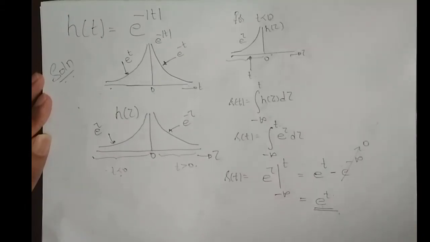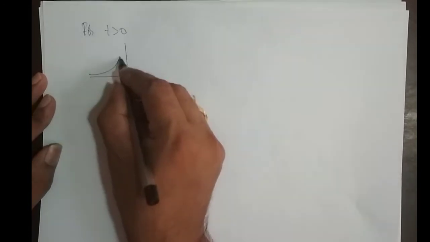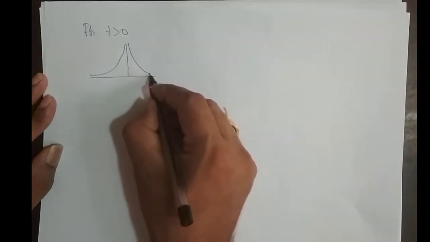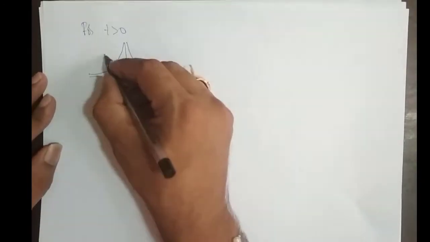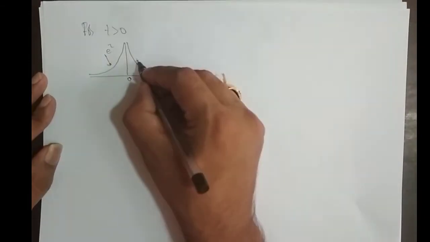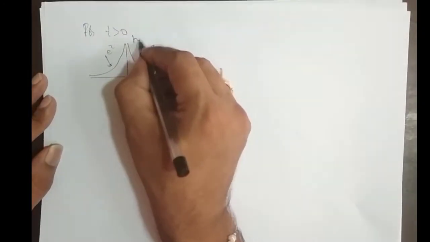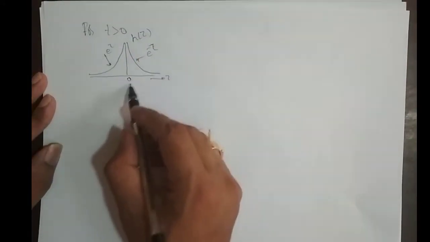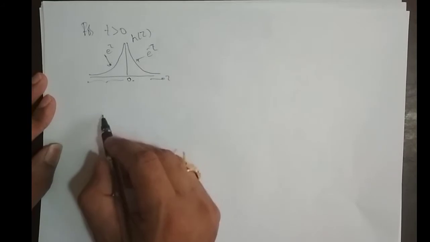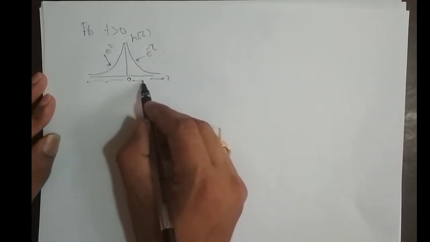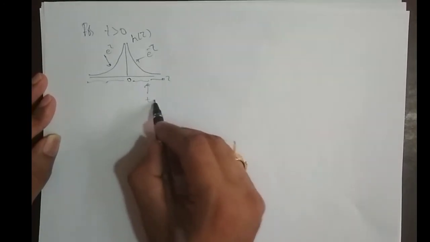Fine. Now for t greater than 0, what do we have? We have both the less than 0 region as well as the greater than 0 region, right? So this is e power tau, this is e power minus tau, this is tau, this is h of tau. So for t greater than 0, we have this running sum plus this, depending upon where I keep this t value.